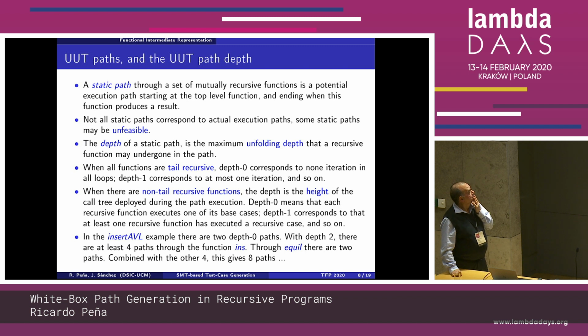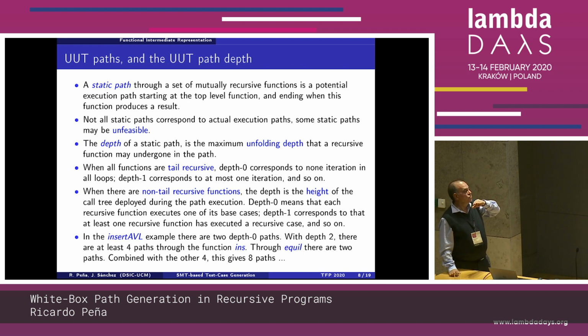Well, for instance, in the insertion in an AVL tree, you have two depth zero paths, which correspond to inserting into an empty tree or inserting a key that is already in the tree. Then you don't have recursion there. Depth one means that the insertion function calls recursively the insertion function again.